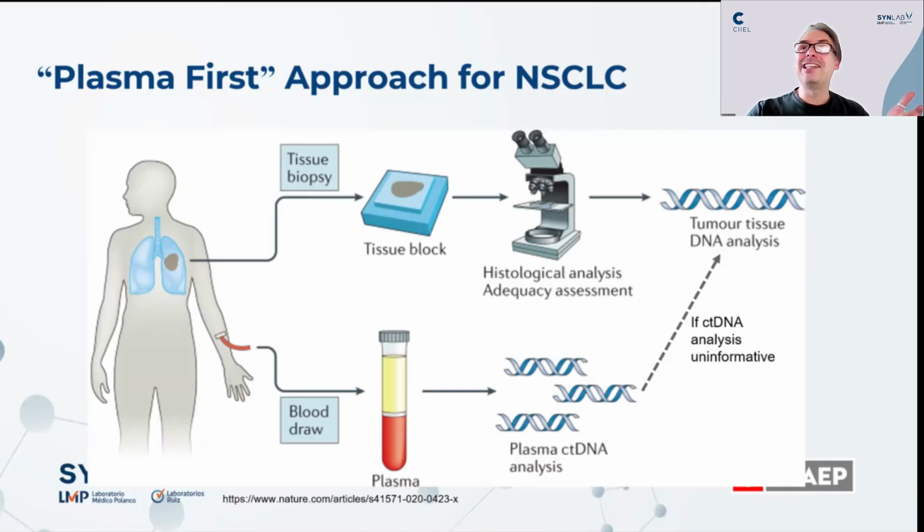Is it adenocarcinoma? Is it a small cell? And then doing IHC stains to see whether it's squamous or whatever. But the overall healthcare savings means there's still a healthcare economic benefit to going for this blood draw first. Again, we can see that you can do this blood draw at radiological suspicion.